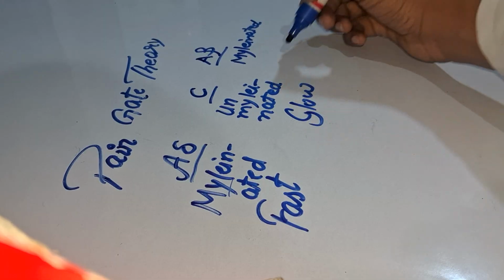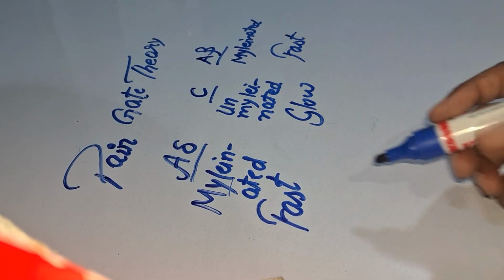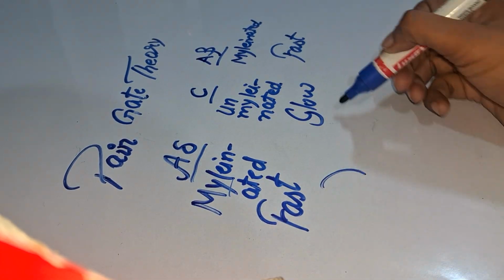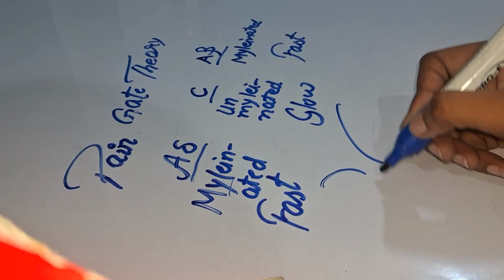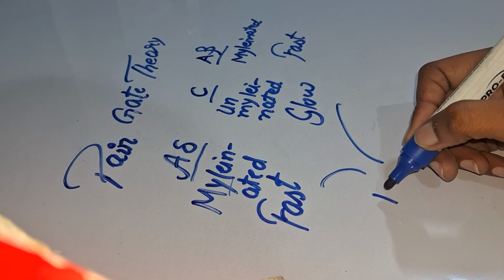Slow conduction, fast conduction. Now A delta fibers and C fibers both are responsible for perceiving the pain.